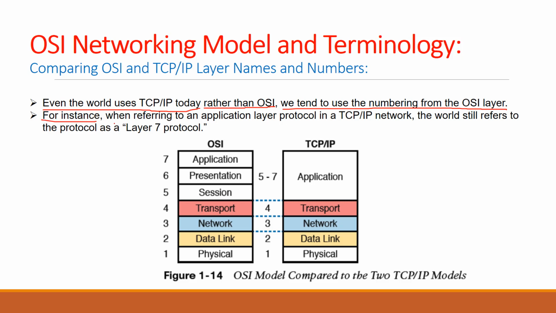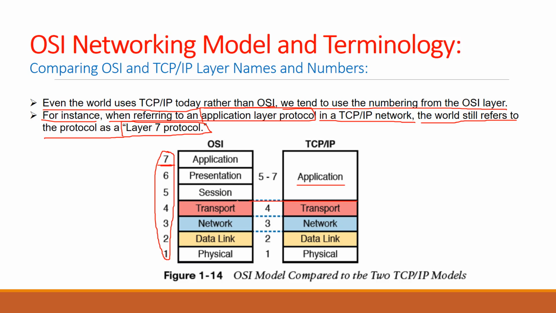So, for instance, when referring to an application layer protocol in a TCP/IP network, the world still refers to that protocol as a layer 7 protocol, even if it is inside TCP/IP, because TCP/IP is what is actually used in the network. But when we call the layers, we use the numbering used by the OSI reference model. We don't call it layer 5 for application layer. We call it application layer in TCP/IP, but we call it layer number 7.